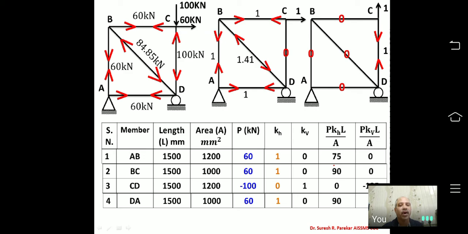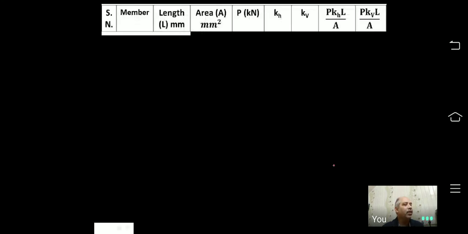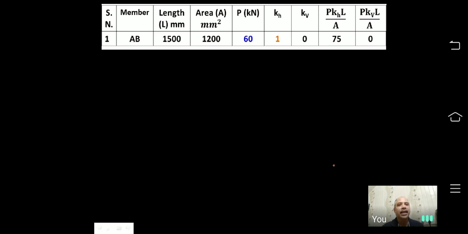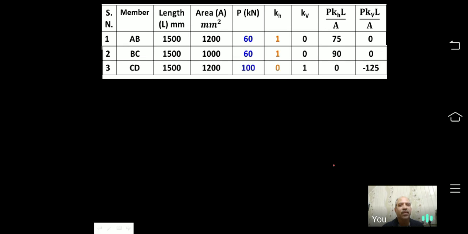So we have all these values in the table, and once we have included all values in the table, we can find the summation of PKH L upon A and the summation of PKV L upon A, and from this I will get the value of delta H and the value of delta V. Now you can see these values in this table. So we have here PKH, and we put values in this for all members.